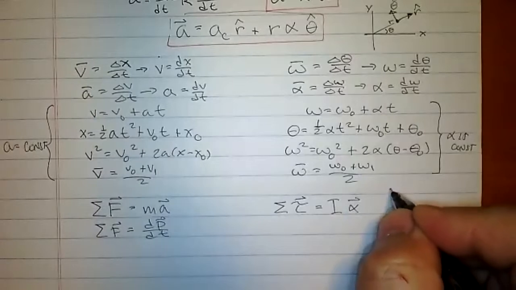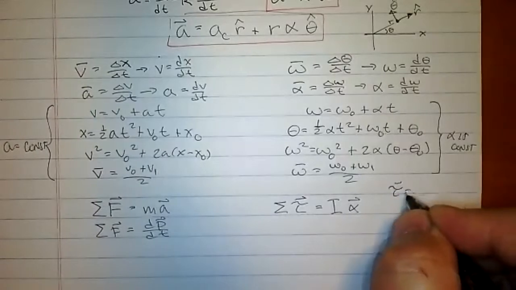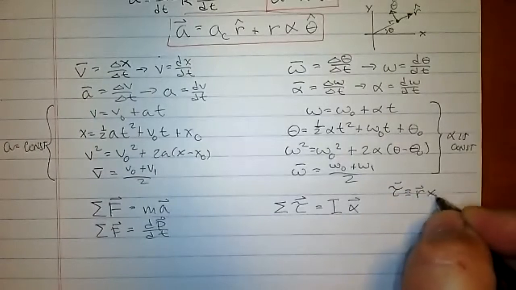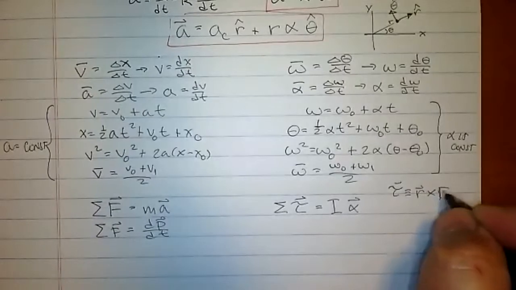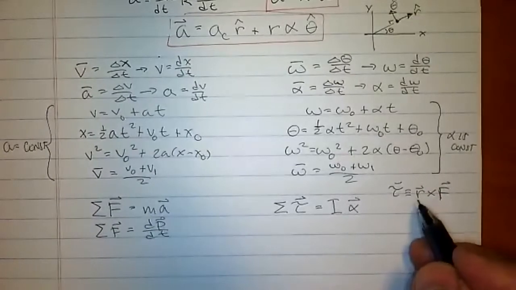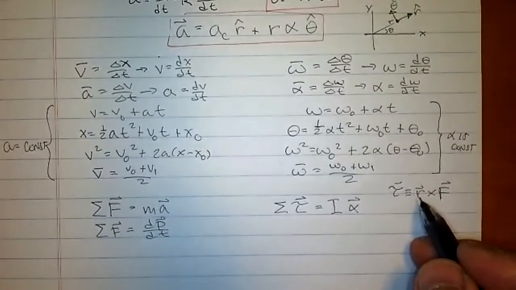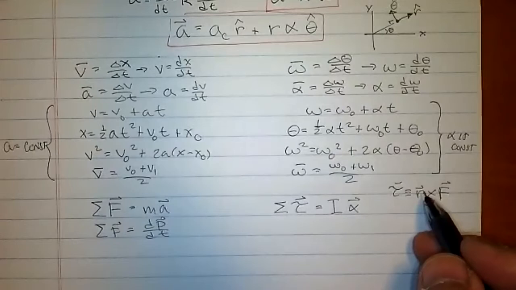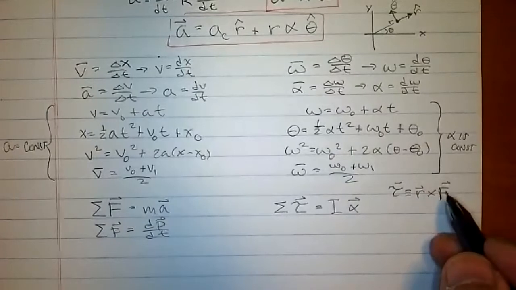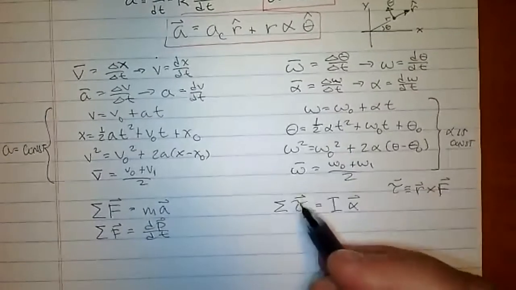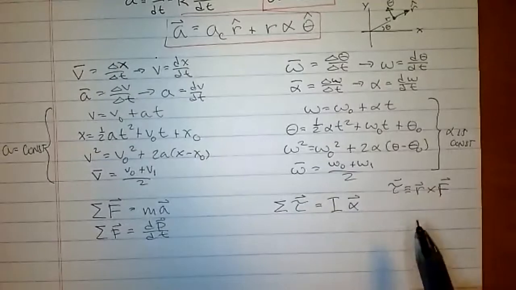And in this, I'll say torque is defined to be r cross F. In other words, you take a cross product of a vector that points from the center of rotation to the application point of the force, cross that with the force, and that'll be the individual torque that you're going to use.